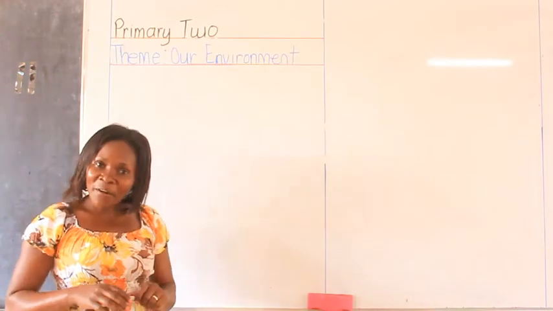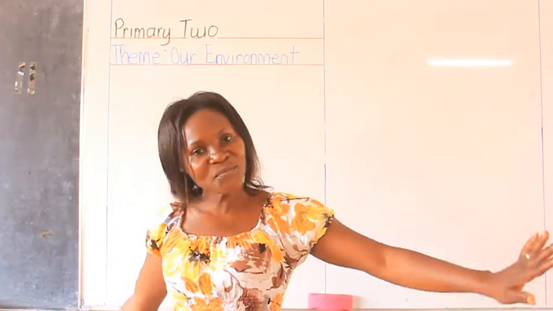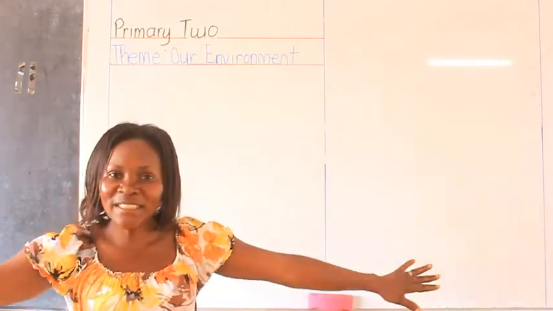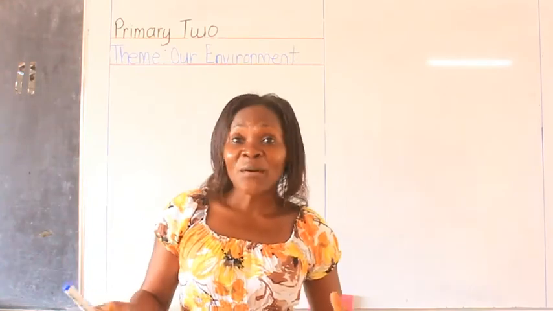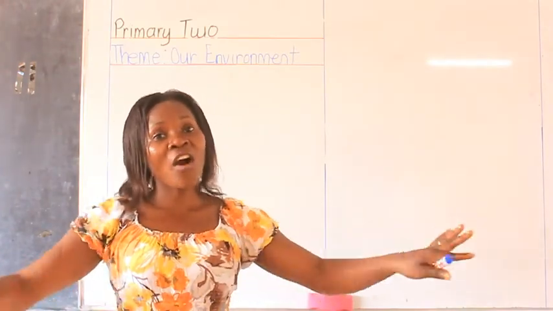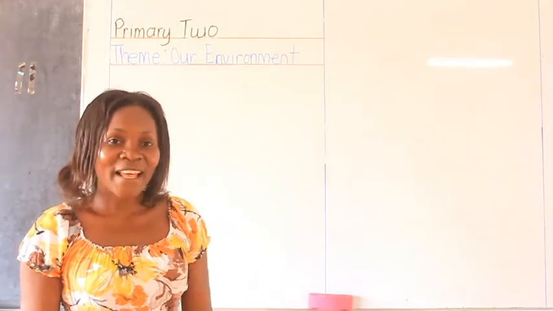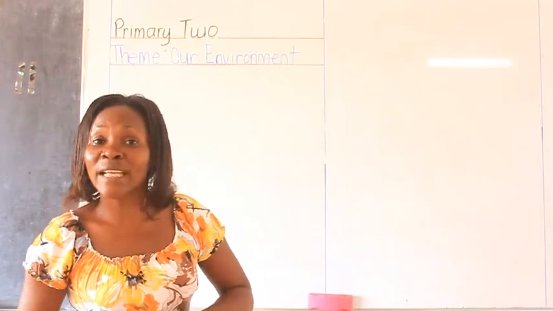Environment are the things around us. Wherever you are, whatever you see, whatever you can touch or feel, that is within your environment. Learners, environment are the things around us.